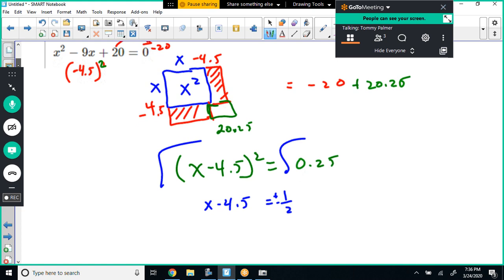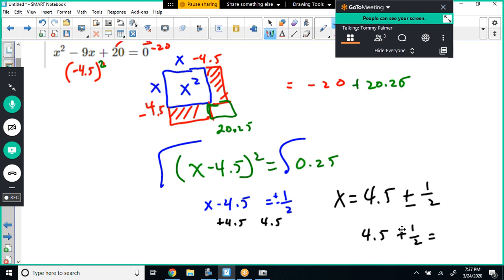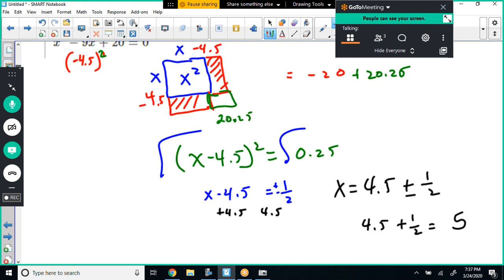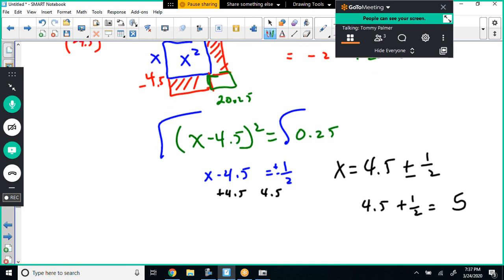So if I add 4.5 to both sides, x equals 4.5 plus and minus 1/2. So 4.5 plus 1/2 is equal to 5, and then 4.5 minus 1/2 is 4. So here are my answers.